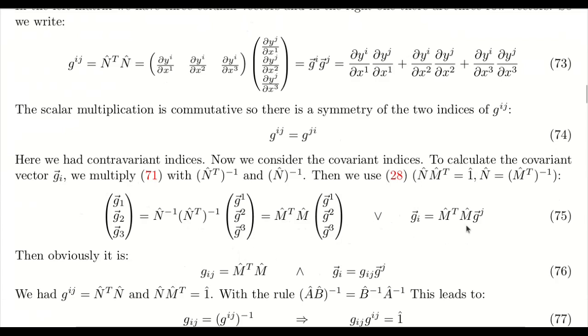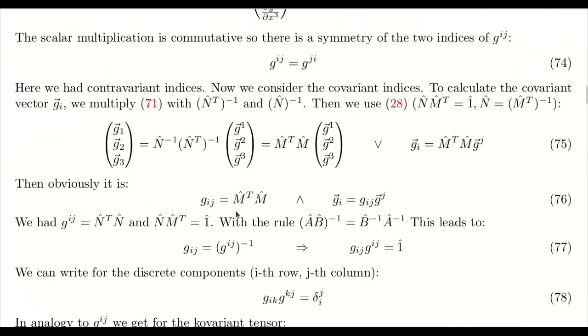Or, again, we write for this matrix product G matrix, but now here covariant Gij. Okay, let's analogous to the contravariant version of the G matrix.